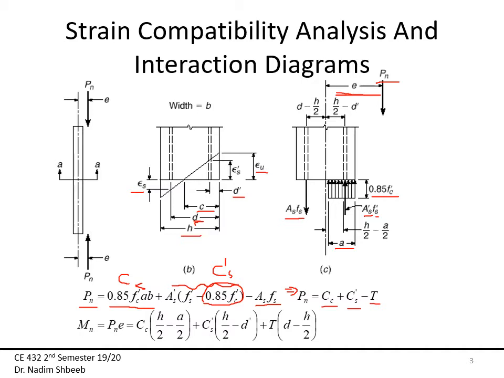Okay, as far as the moment goes, well, again, my eccentricity is measured from the geometric center of the column, because here I have a symmetric column, symmetry in the reinforcement, and I will revisit that issue when I talk about the unsymmetrical reinforcement. But for now, this eccentricity is defined from the geometric center of the column, which is at h/2.